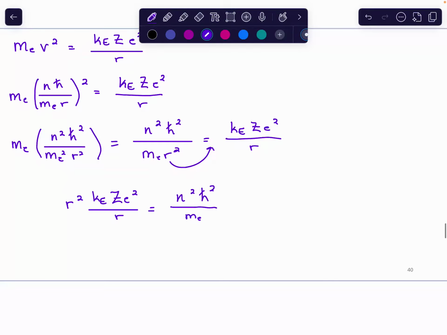And so what I'm going to end up solving for is R. I'll cancel out one of the R's. And when I solve for R, my R with respect to the principal quantum number n is going to be n squared h bar squared over m_e k_e Z e squared. And again, the k_e there is our Coulombic constant.